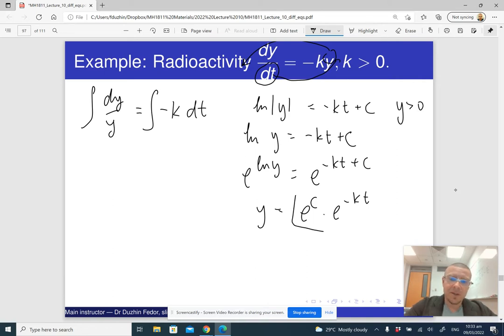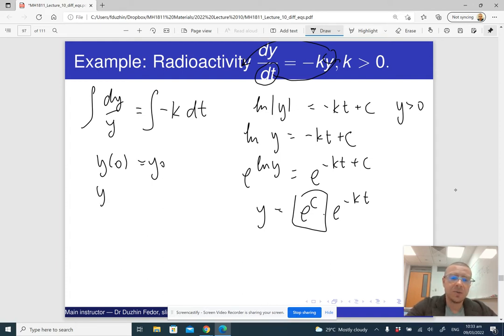Well, basically this e to the c is just again some other constant, and that constant is positive. You can in fact even compute it. If you assume that there is some initial amount of radioactive material, so y of 0 equals y0, then you can substitute that as t and y into this equation.